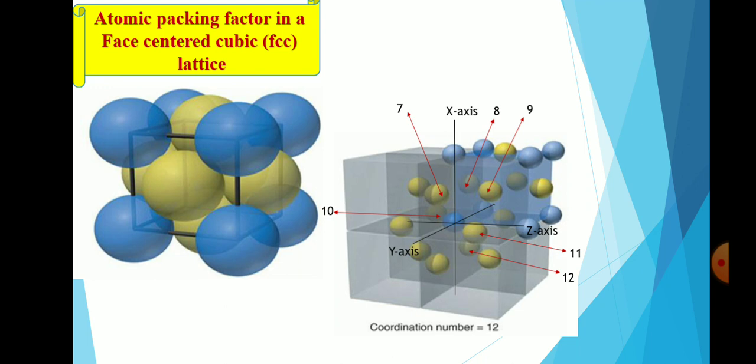So nearby this atom they are attached to a maximum 12 atoms, therefore the coordination number is 12 in FCC structure.